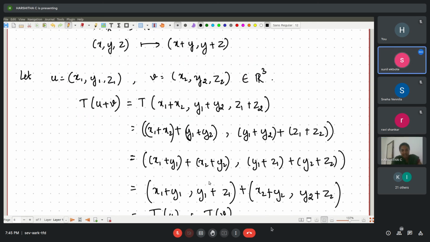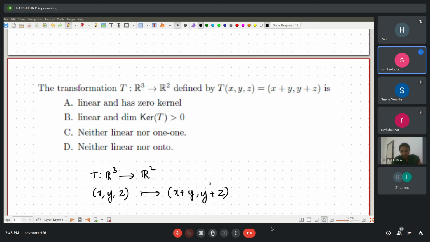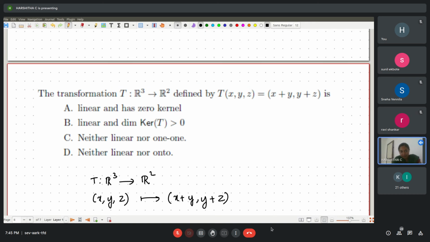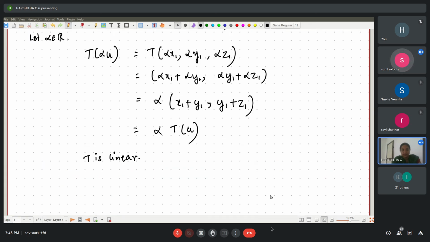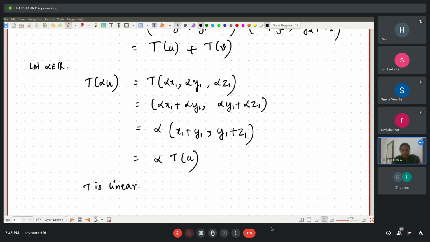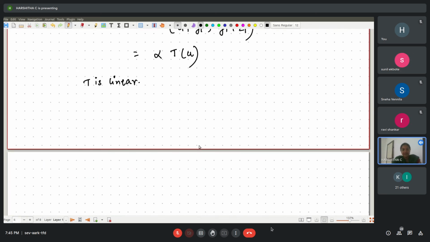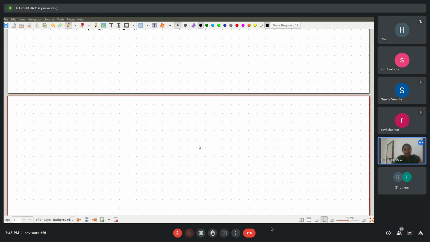Rank of T will be T of R2, no? Rank of T will be 2. Okay. So nullity is 1, yeah, exactly. Greater than 0. So what does rank nullity theorem tell us?